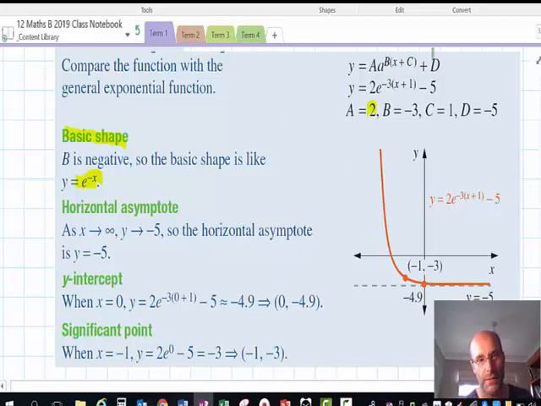Significant point when we set now x, this is a little bit different here. If you tried to make x equal to 1, see, it's different because of the negative here, and it's got the opposite shape. So we tend to make x equal to -1 for that significant point.